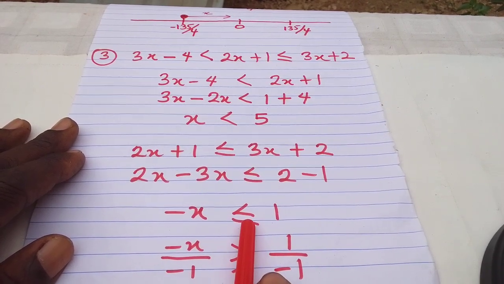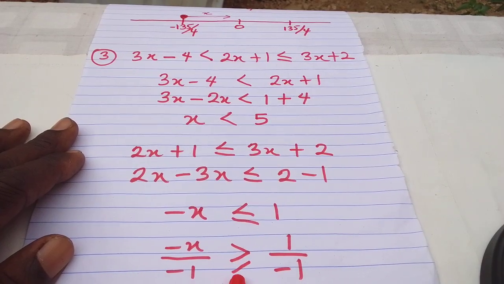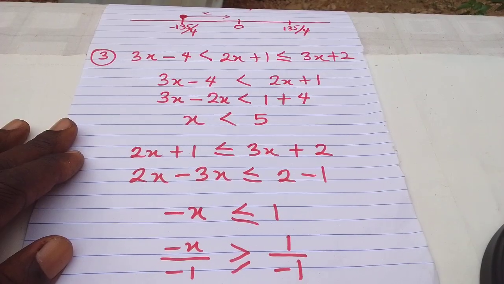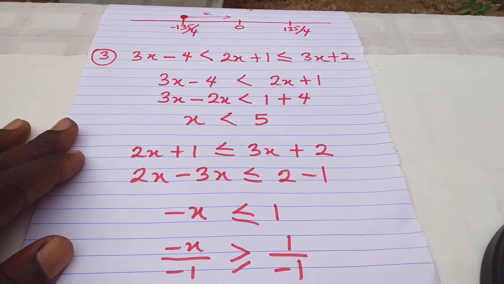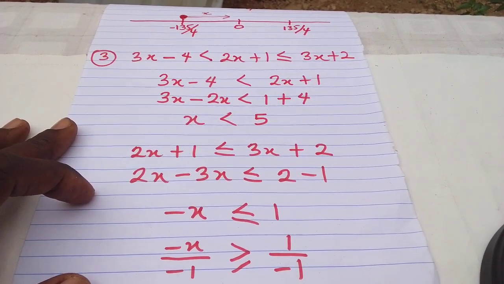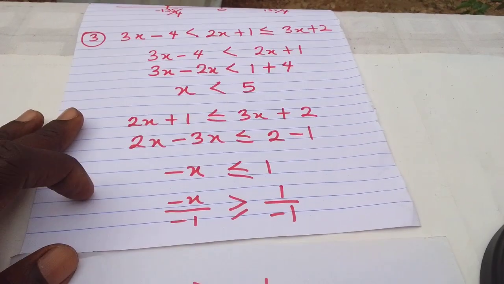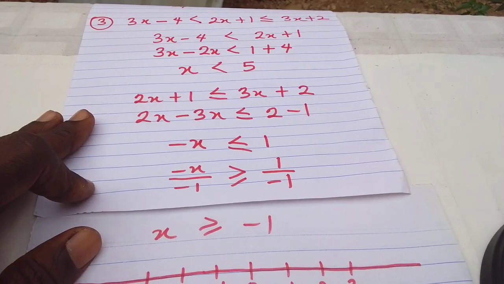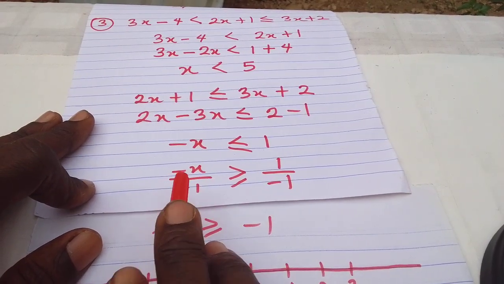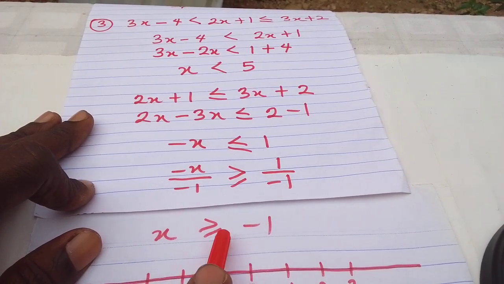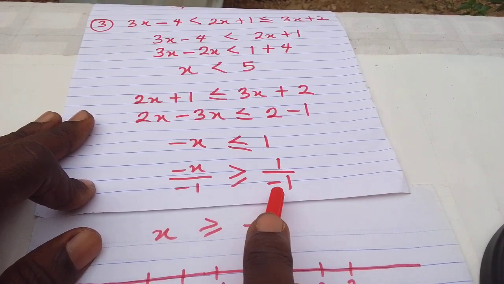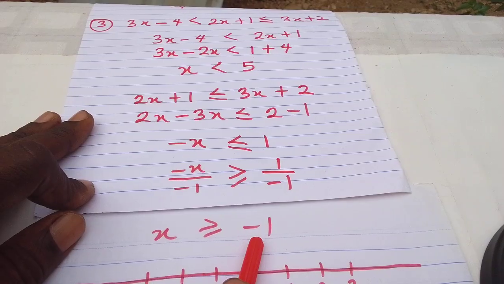It is less than or equal to before, it now changes to greater than or equal to. Then 1 divided by minus 1. Minus divided by minus gives us plus, making x greater than or equal to minus 1. 1 divided by minus 1 gives us minus 1.